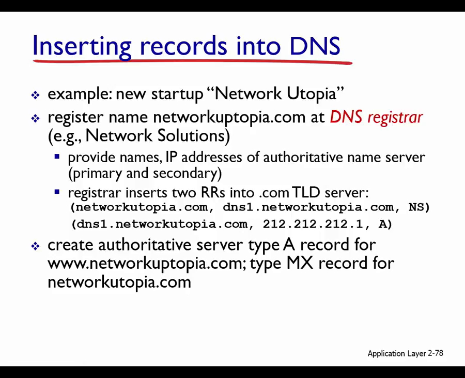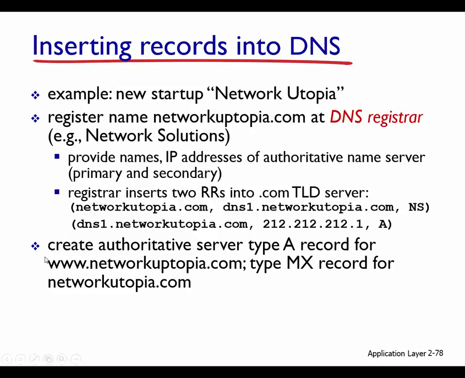So the registrar will insert 2 resource records into the .com top-level domain server. Basically, one links networkutopia.com to dns1.networkutopia.com, which is going to be your authoritative name server, and then another record links your authoritative name server with its actual IP address.